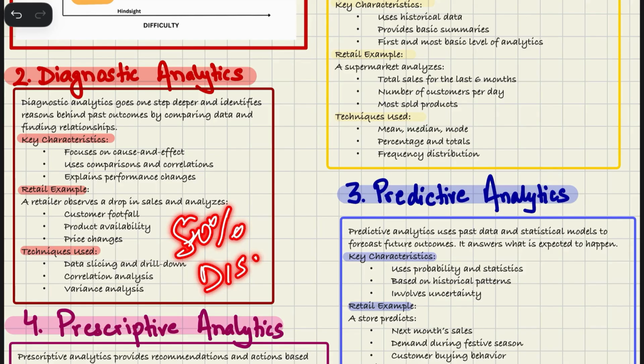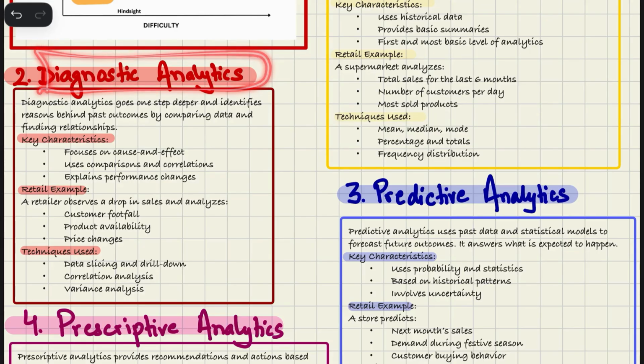That is why you had a 20% drop in sales in the exact week, causing your customer footfall to plunge. So this is why we use diagnostic analysis to identify why that thing happened.